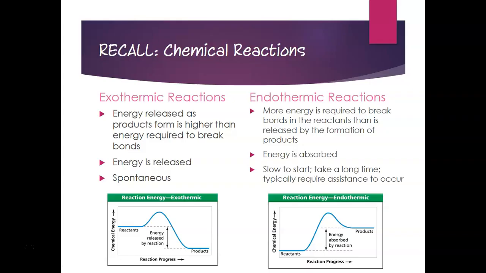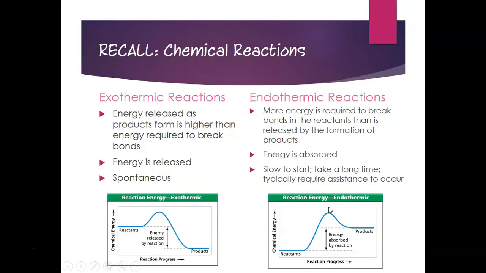These are the ones that take a long time to occur, they're slow to start, and they typically end up requiring some other additional assistance to get the amount of energy that they need up front in order to actually run. And a lot of the chemical reactions that are happening in living things end up being these endothermic reactions. So we're going to talk about where that extra assistance comes from today.